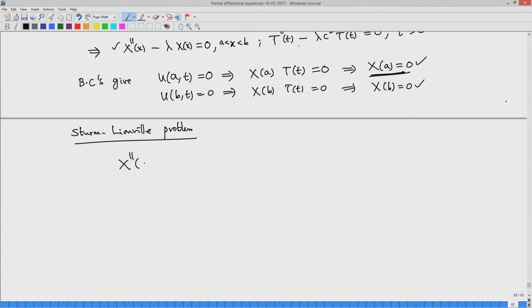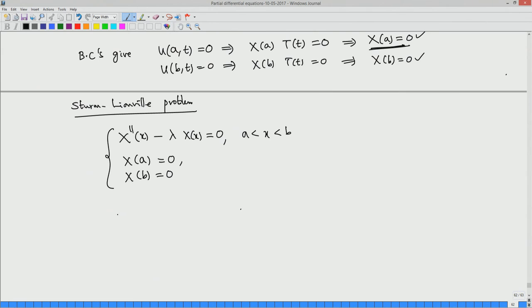So, you have this ordinary differential equation X''(x) minus λ X(x) equal to 0, where λ is an arbitrary number, a parameter, in the domain x from a to b, with X(a) equal to 0 and X(b) equal to 0. This is your regular Sturm-Liouville problem.